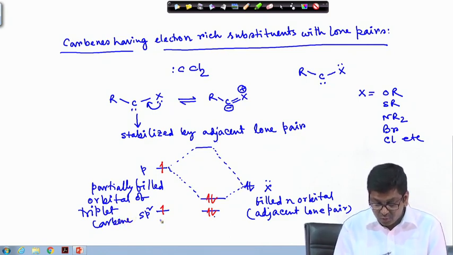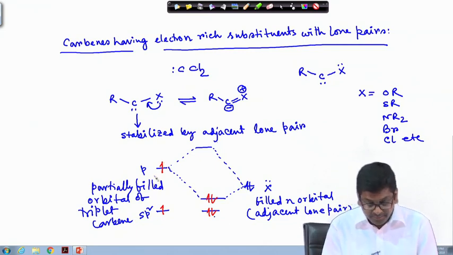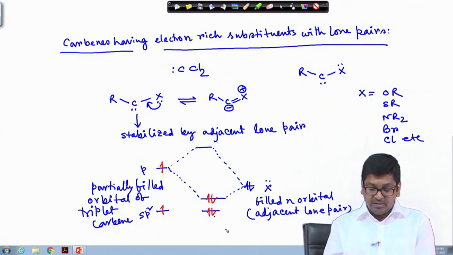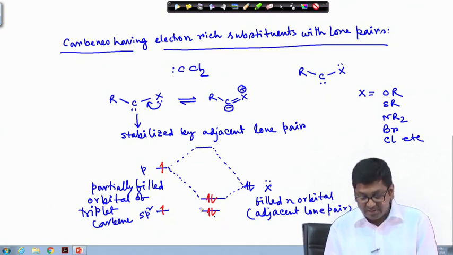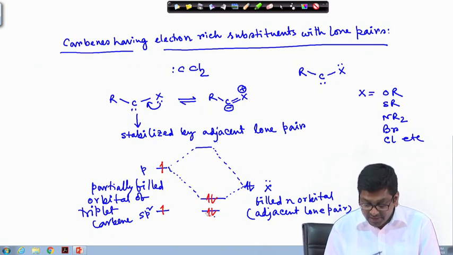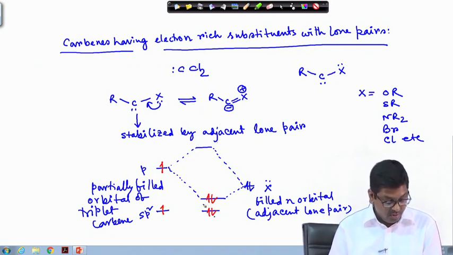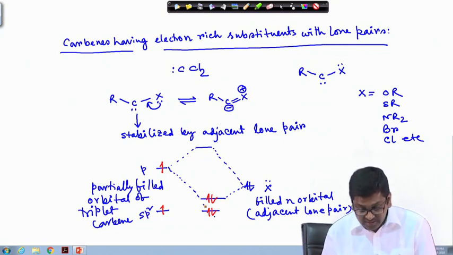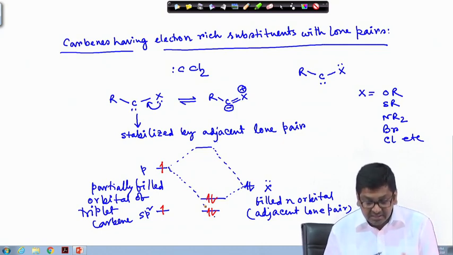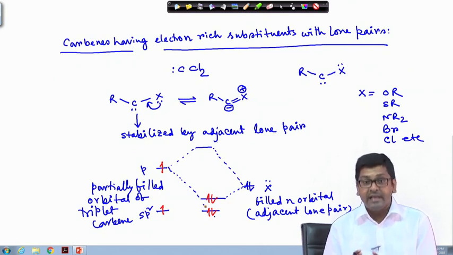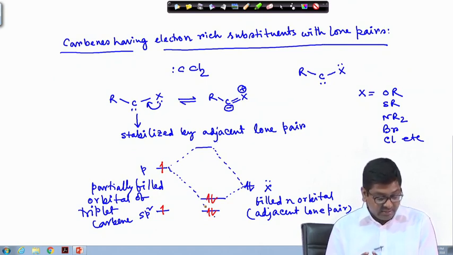And this is the sp2 non bonding, this is the p orbital, and then finally, you will get a more lower energetic orbital, where it can stay as a singlet. So, what does it mean? These adjacent lone pairs in this type of carbenes are actually stabilizing these carbenes as a singlet one.